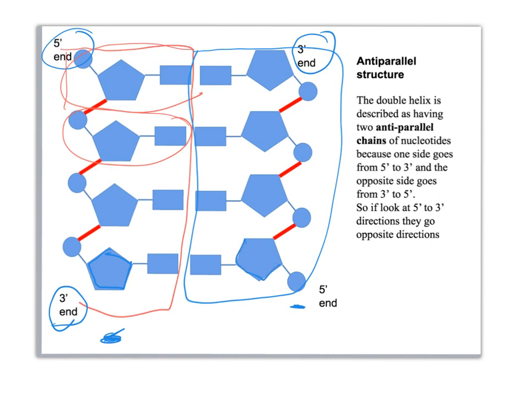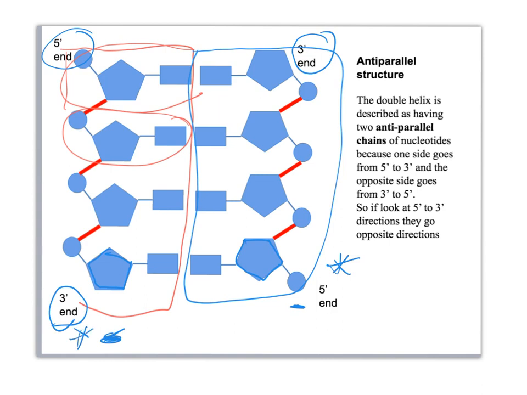The sugars here are facing the other way. So the double helix strands are described as having two anti-parallel chains of nucleotides, because one side goes from 5' to 3', this side here, and the other side goes from 3' to 5'.